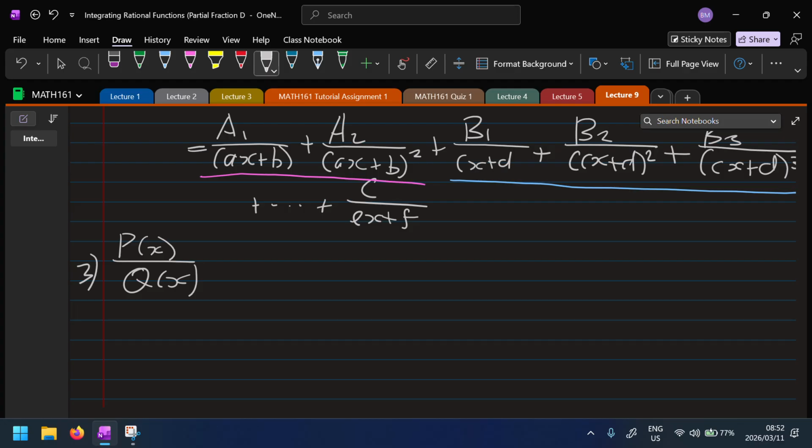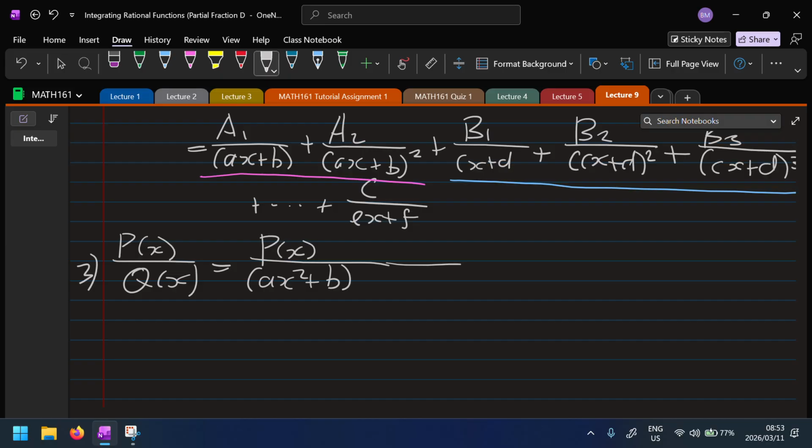And now for the Q, we're going to have the case where it's an irreducible quadratic term. Okay, so what does that mean? Well, it's going to look something like this. We have P of X over AX squared plus B. Something like that, where this cannot be factored anymore.